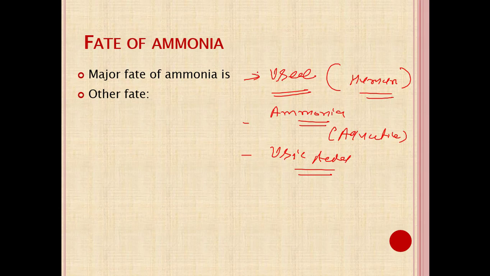So the urea cycle only occurs in the liver tissue, remember. Other fates include conversion into non-essential amino acids, such as synthesis of glycine from serine, and glutamine and asparagine, which are formed when ammonia is captured by other molecules.